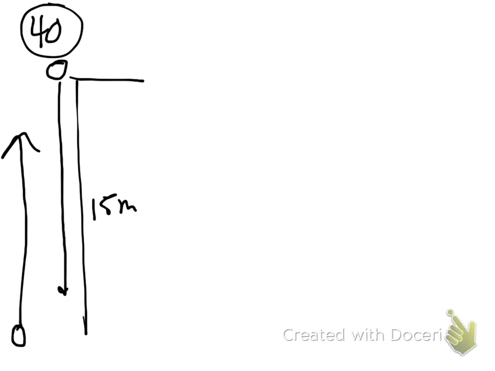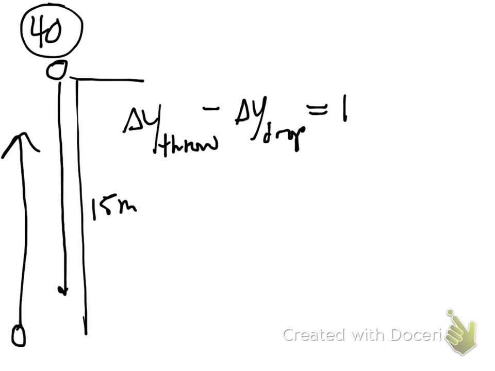We know that the change in position of the thrown ball minus the change in position of the dropped ball equals 15. So delta Y throw minus delta Y drop is going to equal 15.0 meters.